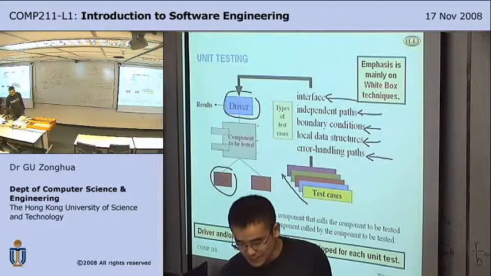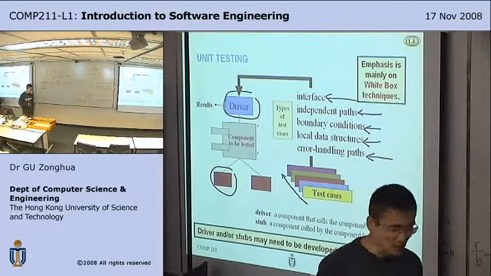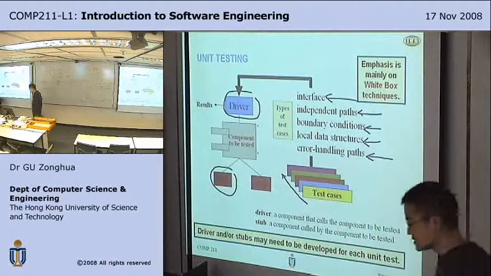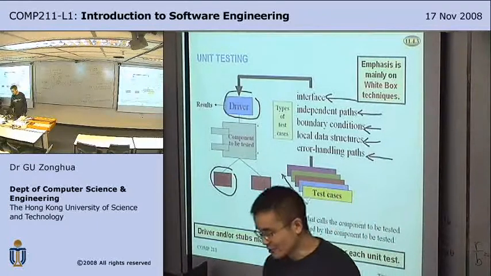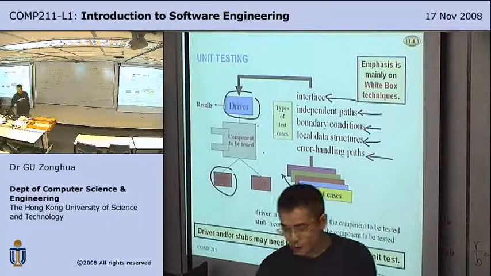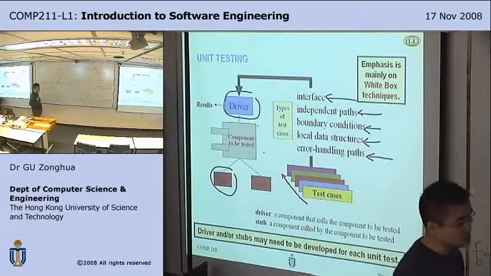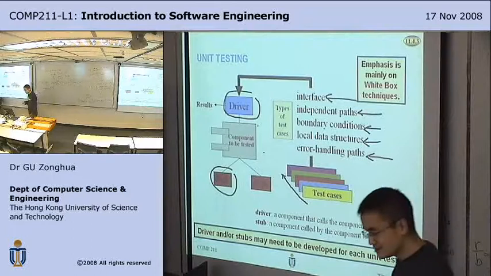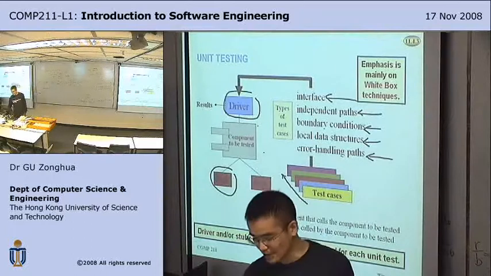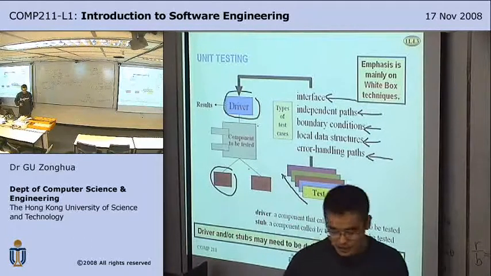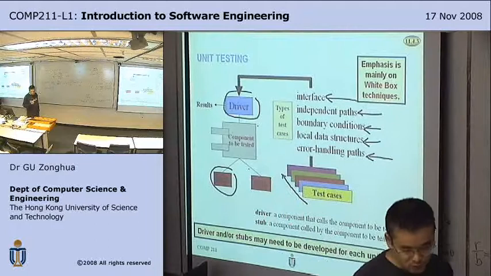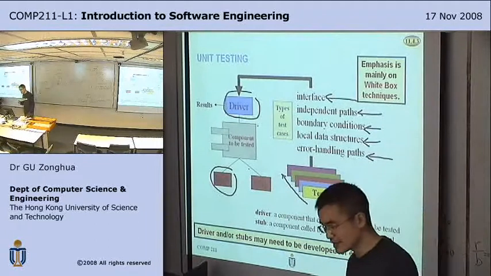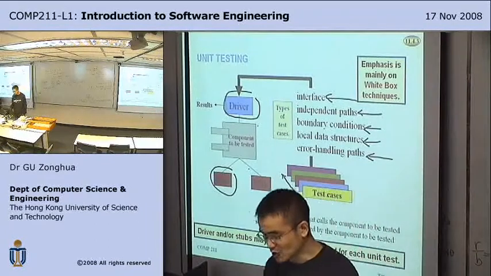Say a component A calls 20 other components during its operation. If you wait for all 20 components to be developed before testing component A, then you may wait a long time. Instead, you write a stub to provide really empty implementations for any of the functions called within the component.